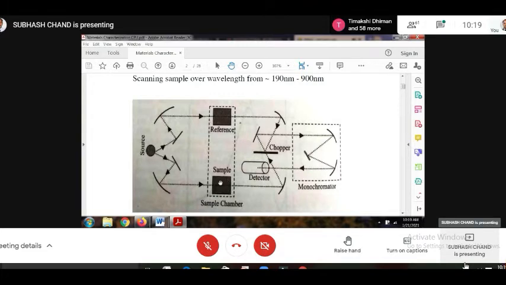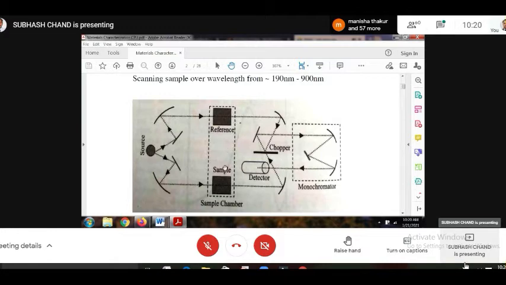Here light gets absorbed by both. When we take the two beams one by one, the detector observes the intensity of both the beams, and it is electronically manipulated, and what we get as the result is the ratio of the intensities of the two beams.